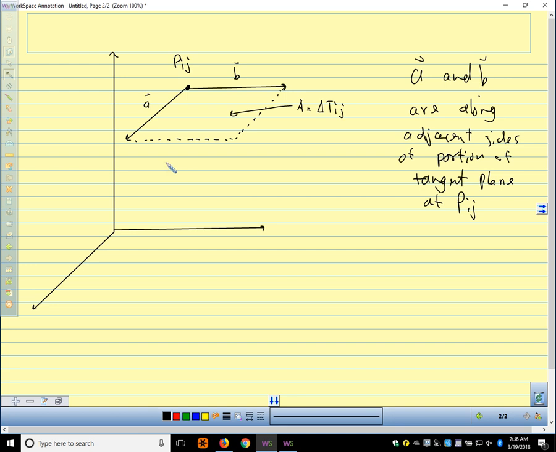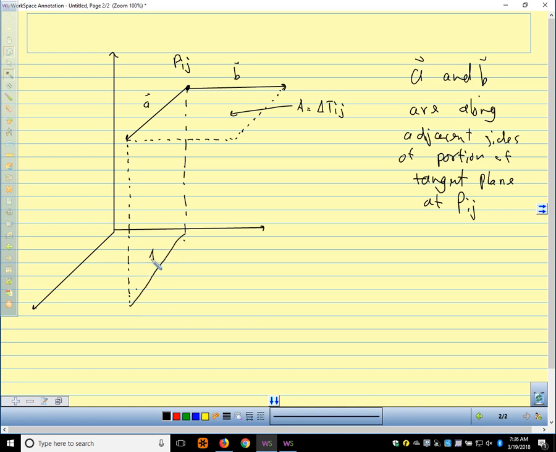And if I project this down into the xy plane, like so, that's not very parallel to the x-axis.